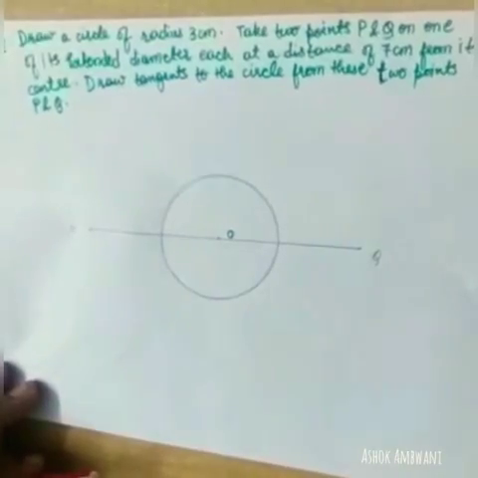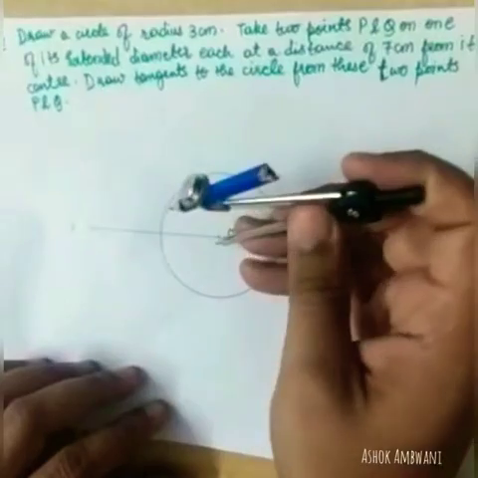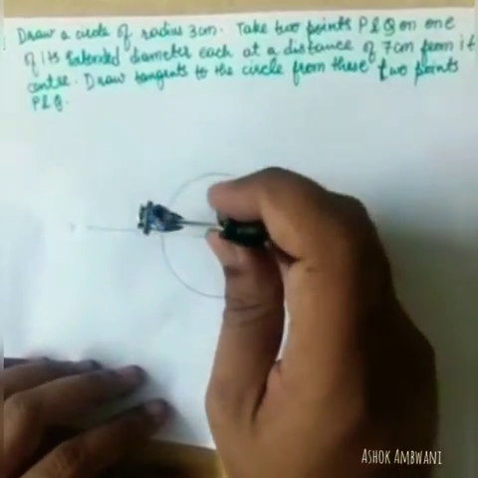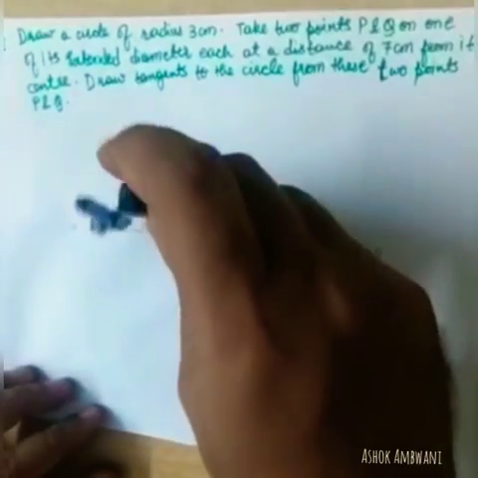So first of all, to draw the circle I have to get the midpoint of it. For getting the midpoint I have to set the radius more than half OP.